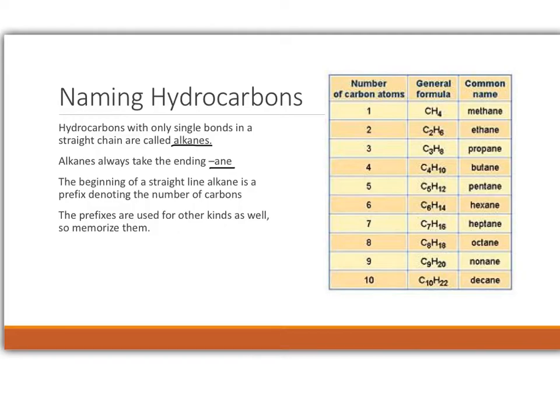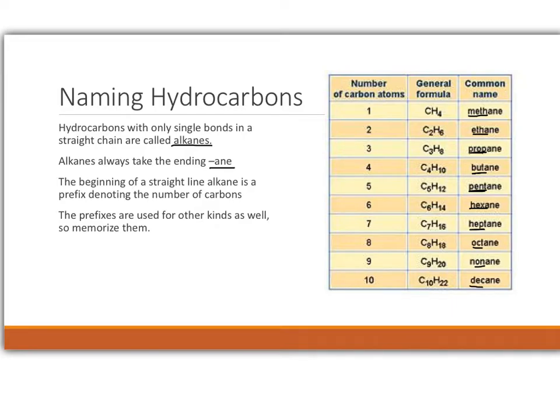So we're going to start out simple, things that are all straight chains, no branches, because then there's a complication to the naming. But these prefixes, meth stands for 1, eth stands for 2, prop stands for 3, but stands for 4, pent for 5, hex for 6, hept for 7, oct for 8, just the oct, not the octa, and then non and dec.